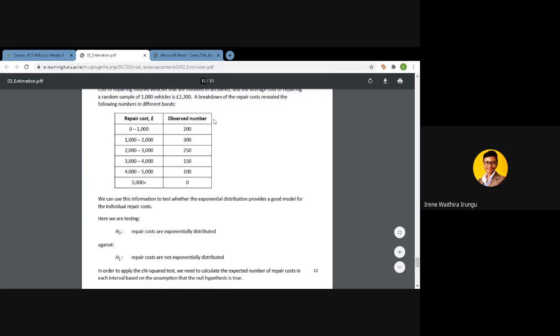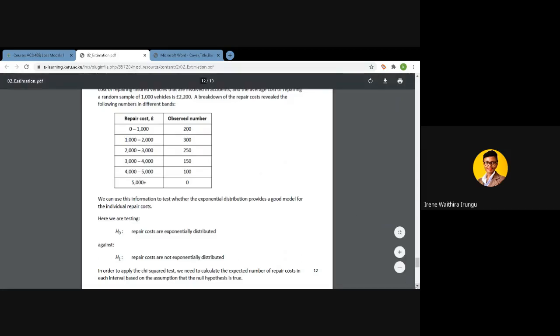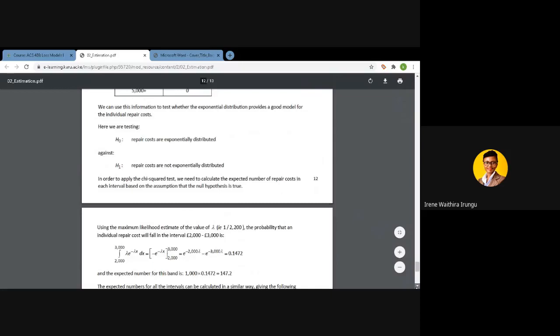So what was the expected number based on our model of repair costs costing 0 to 1,000? So we'll feed it there. What were the expected number of repair costs for 1,000 to 2,000 and so on. So we'll demonstrate it for one of the bands.